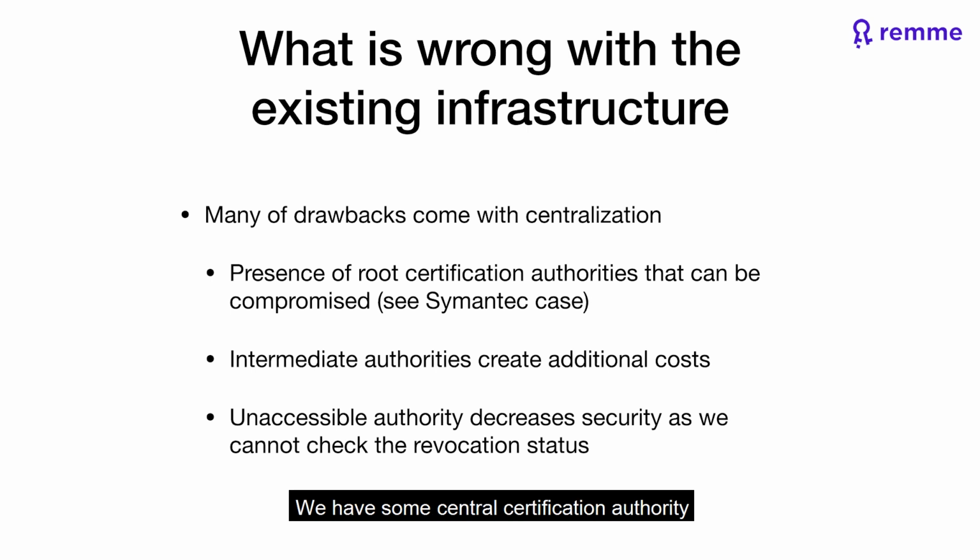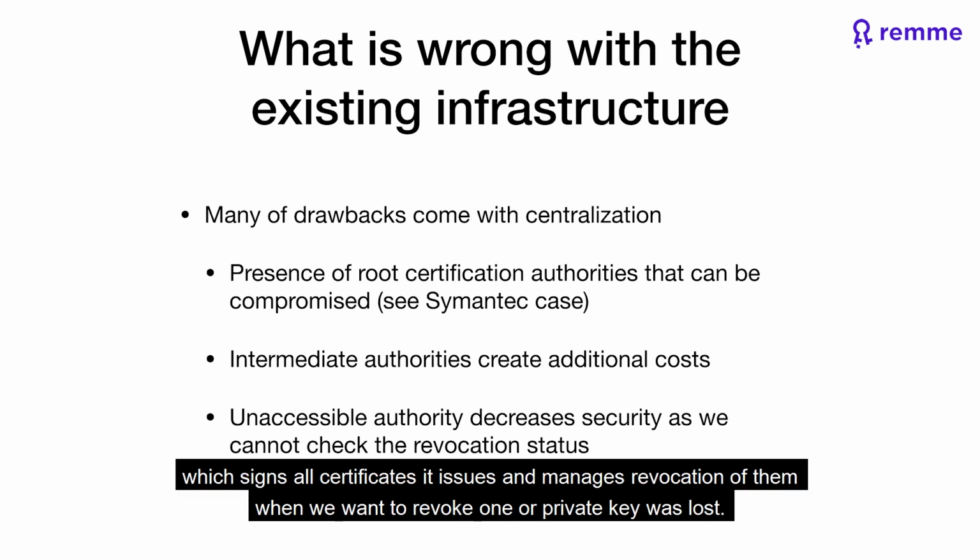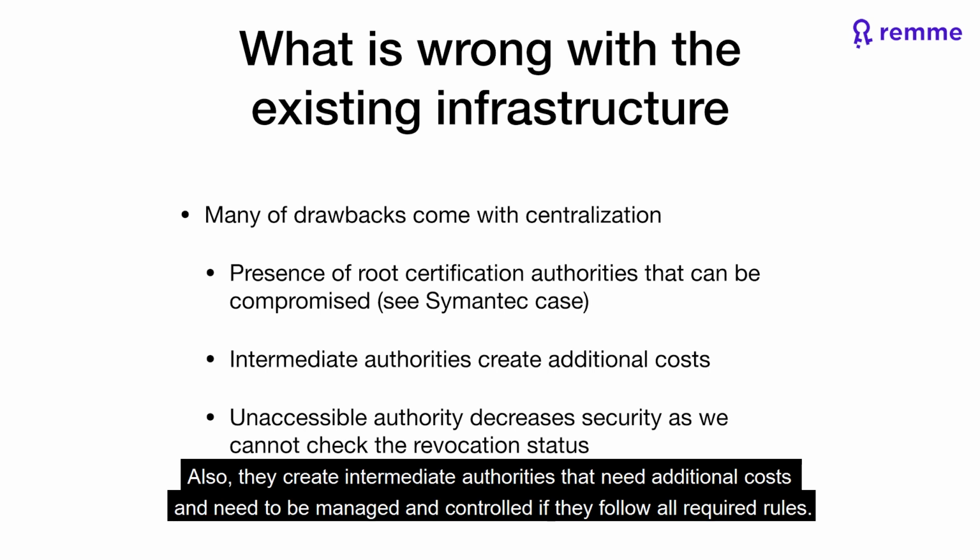We have some central certification authority which signs all the certificates it issues, which manages the revocation of those certificates in case something is wrong with them. For example, if we want to revoke access from someone, or if the private key was lost, or in some other cases. To distribute workload from the central authority, they create intermediate authorities.